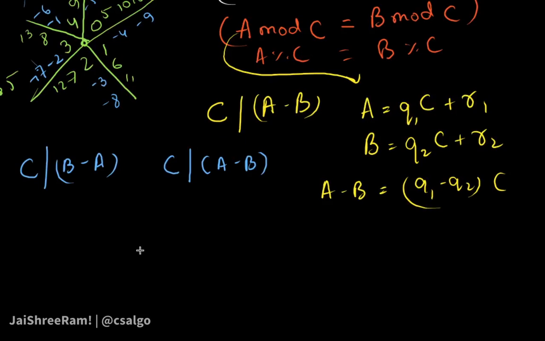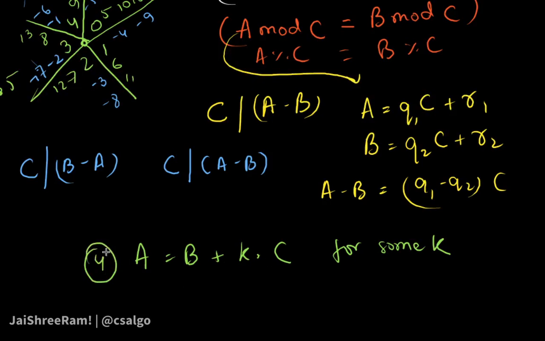Another expression would be that A is equal to B plus K times C for some K. Now this should become trivial because the remainders are the same. So the only things that differ are multiples of C. So if you add some integer constant K times C, you would be able to make them equal.